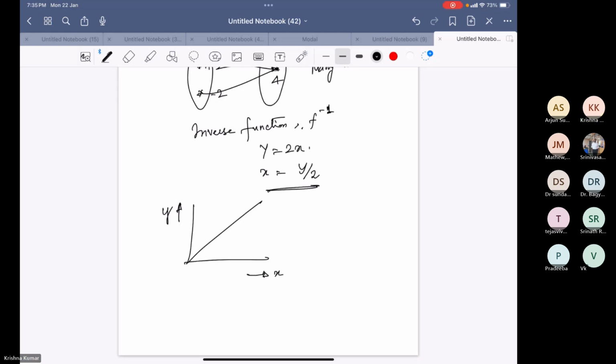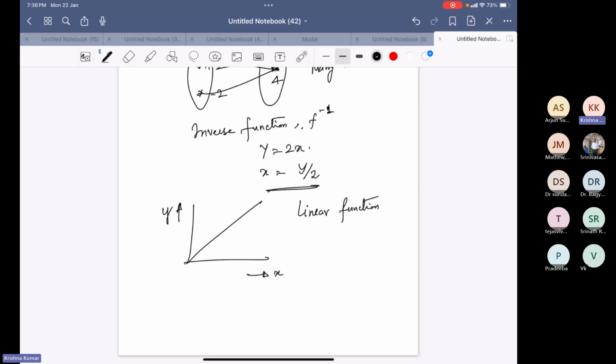We'll see about the slope and so on maybe a bit later. But you would notice that this is just a straight line, and it is called a linear function.